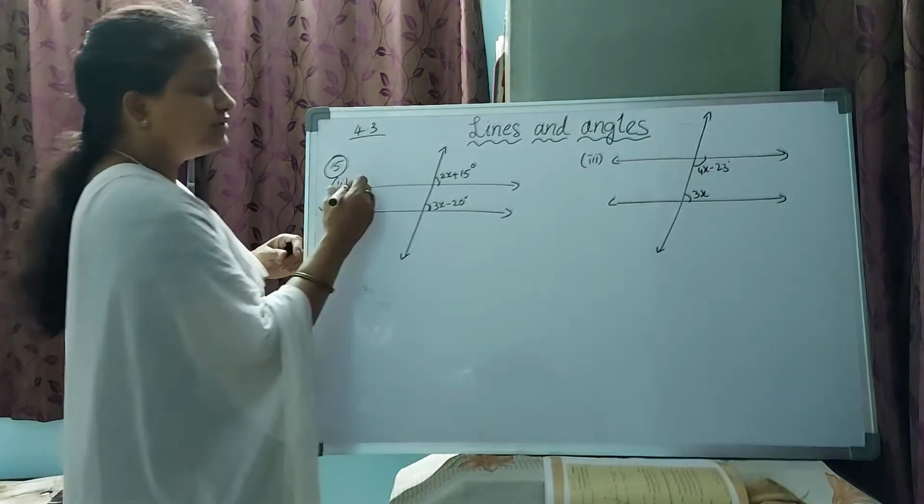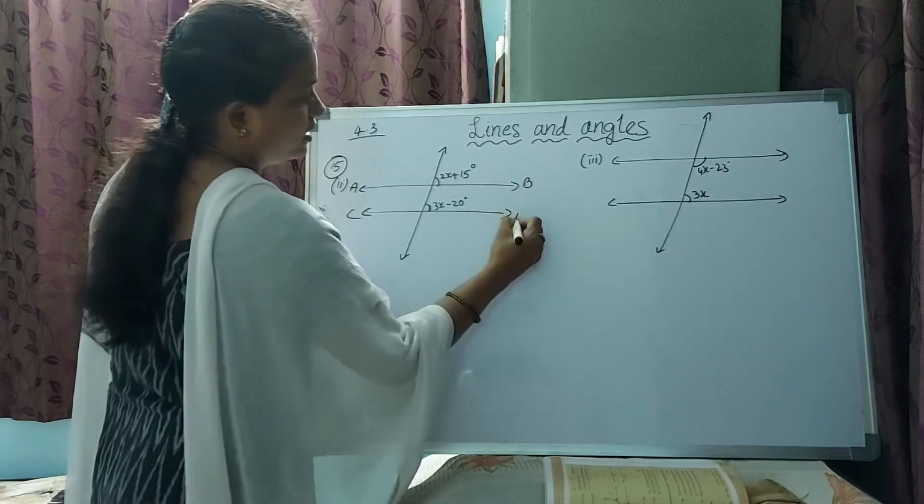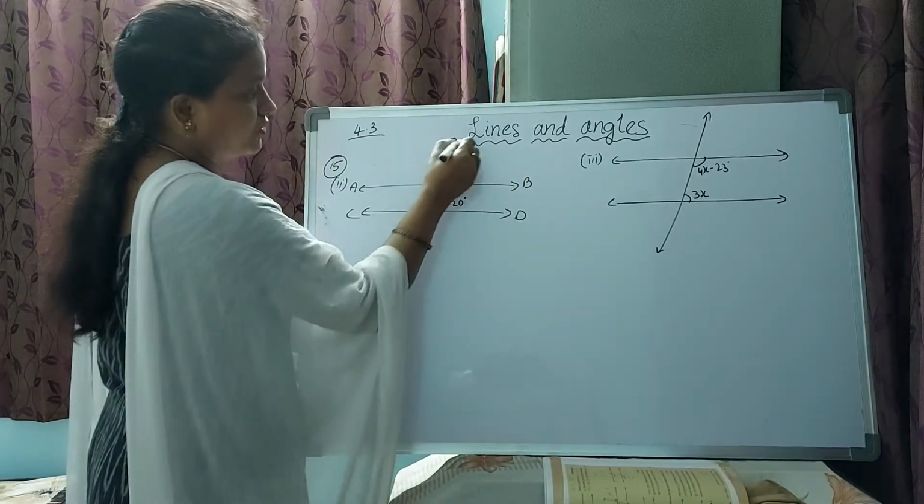See, if two lines are parallel, AB is parallel to CD, then EF is a transversal.